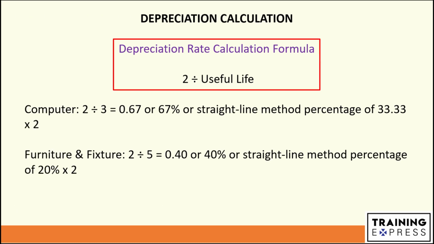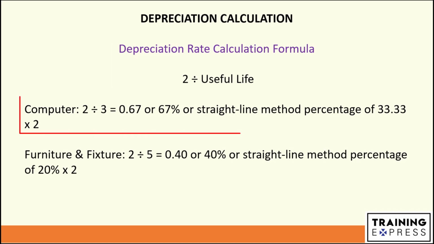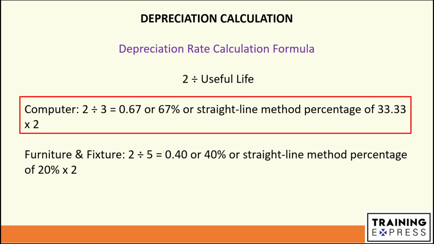Now, how can we calculate the depreciation rate in this particular method? It will be 2 divided by the useful life of the asset. So for the computer, we assumed a useful life of 3 years. So 2 divided by 3 is equal to 67%. Or you can see that it is just 2 times the straight line method depreciation rate.